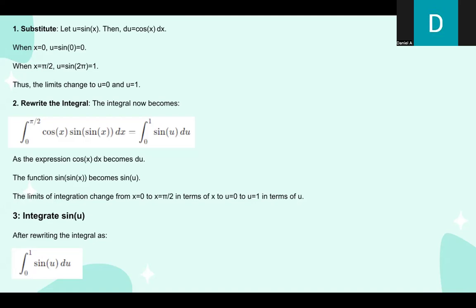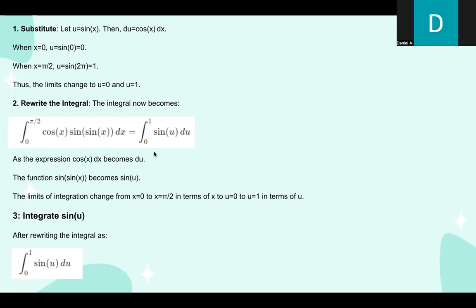So the integral now becomes the integral from 0 to pi over 2 of cosine x sine of sine x dx, which equals the integral from 0 to 1 of sine u du.